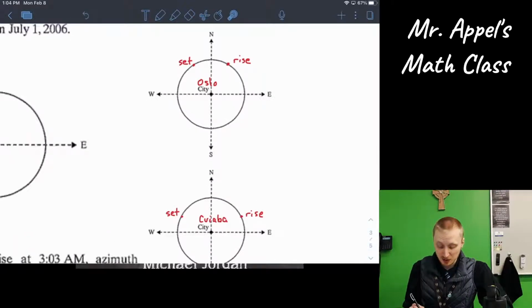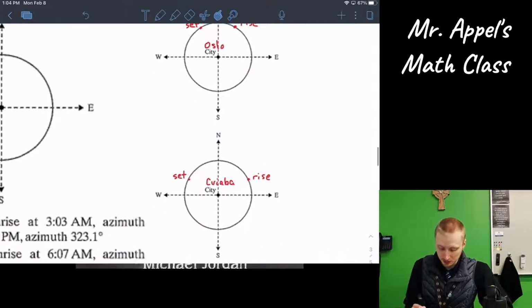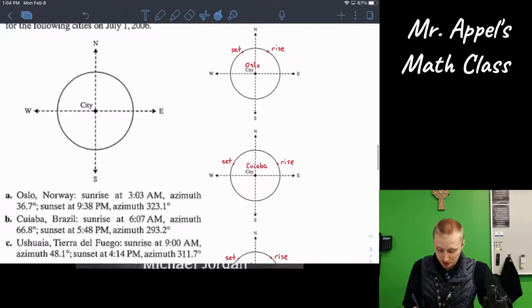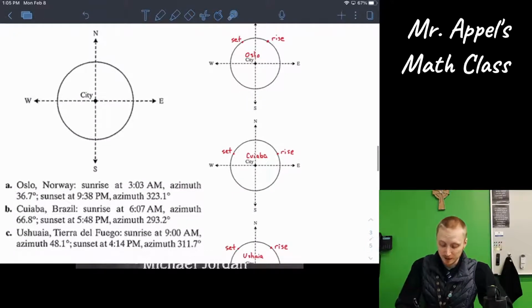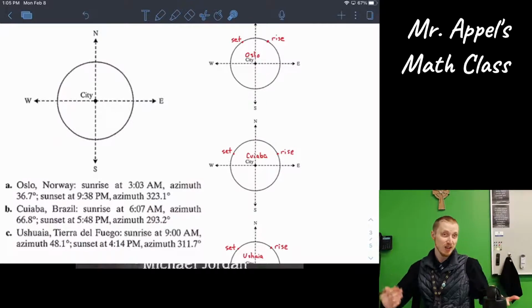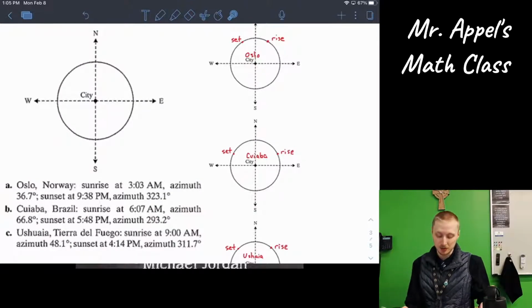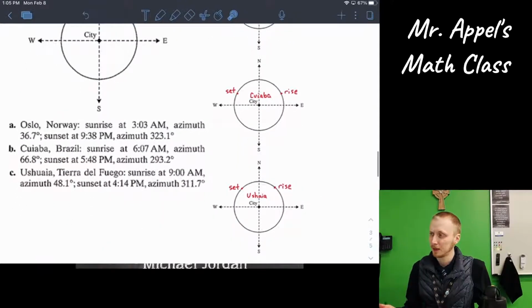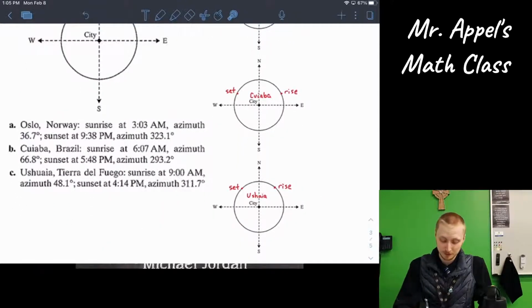And notice where they are positioned on the globe is going to affect where we see this rise and set. Notice these are much farther apart, way down lower. It's because it's much further south. They get longer, more daylight hours, right? There's the last one down there.